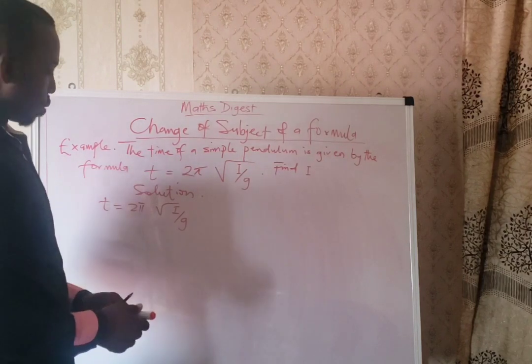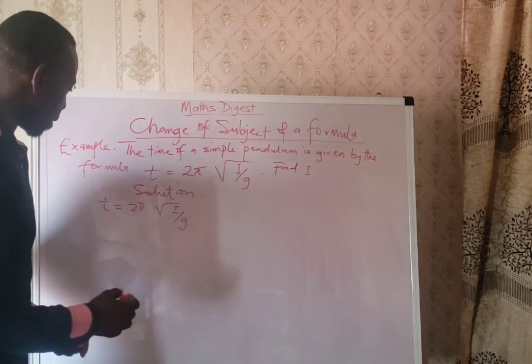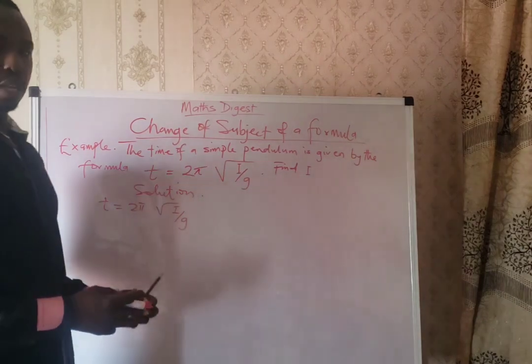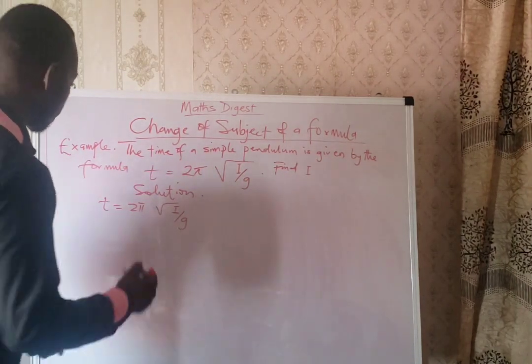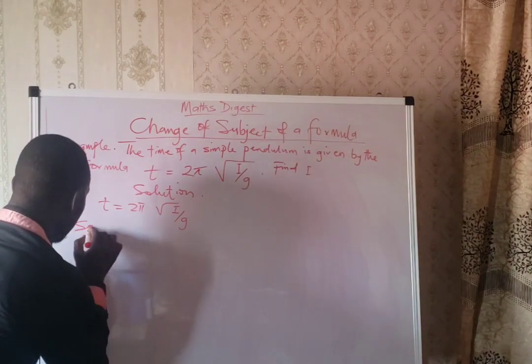Now from this we can say, remember what I told us in the last class. When you see square root, you eliminate it with what? Square. We square both sides.